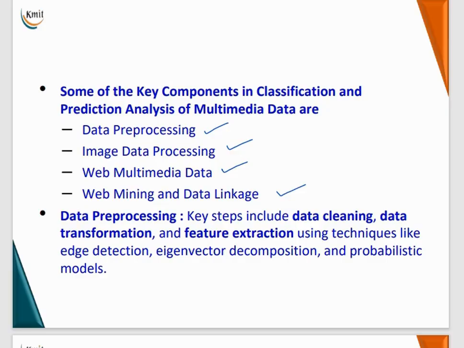First one, data pre-processing. Key steps include data cleaning, data transformation, and feature extraction using techniques like edge detection, eigenvector decomposition, and probabilistic models. So using data pre-processing, we try to clean the data, use data transformation and feature extraction.